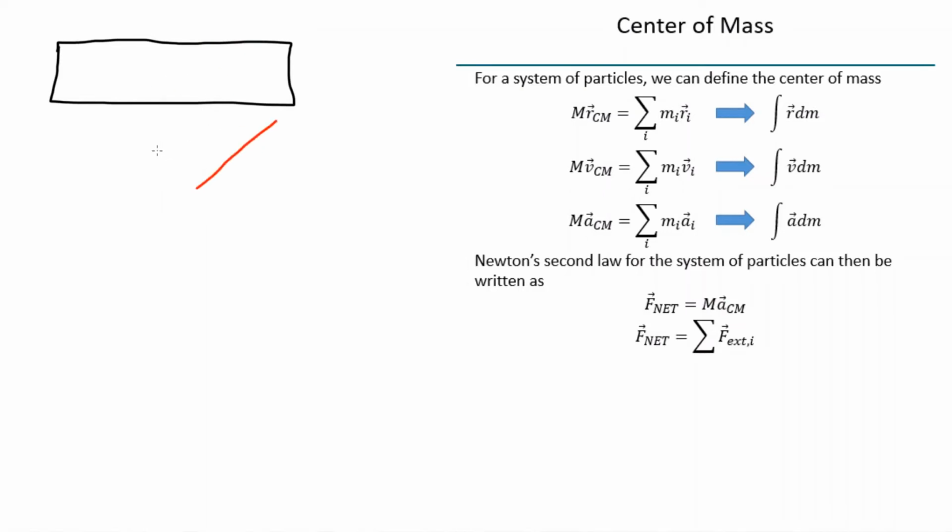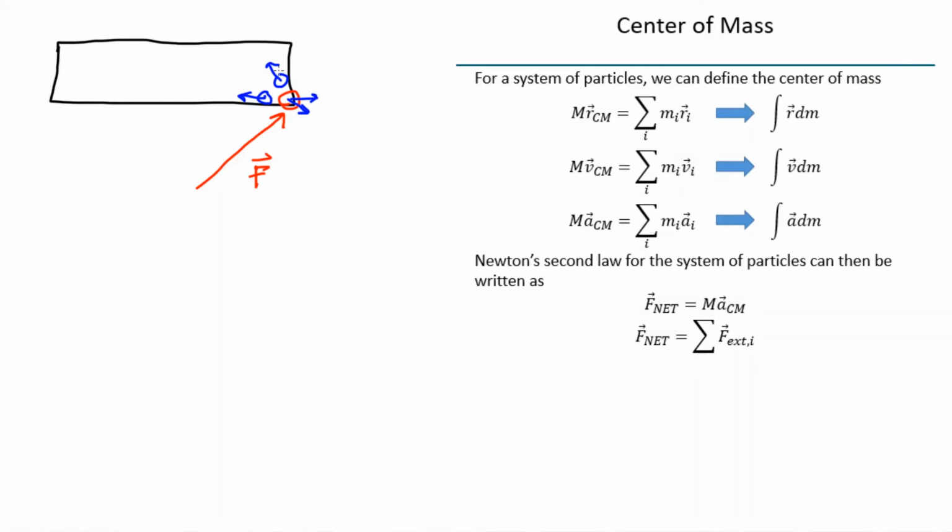I push over here. So I apply a force F right over here, just on this little piece of the object here. Well, now this piece of the object exerts forces. Maybe this is an atom. I'm just pressing on one little atom over here. It exerts forces on the atoms around it, so it pushes on these like that, and these push back, and then these atoms here push back like that.